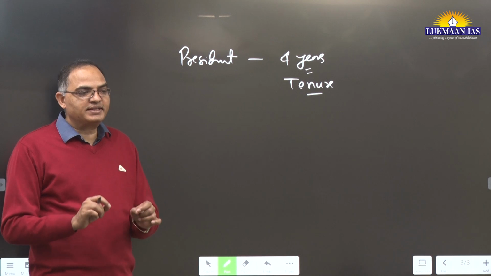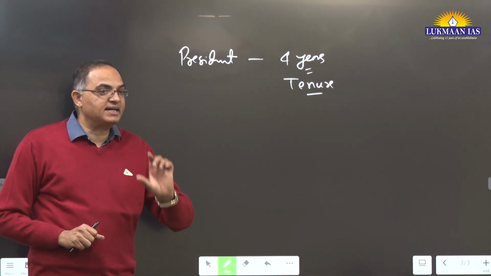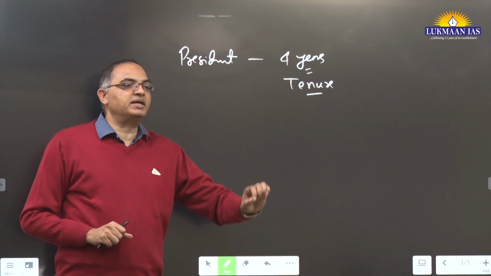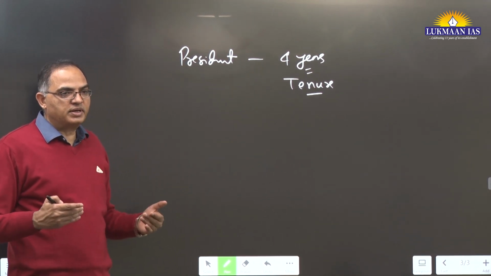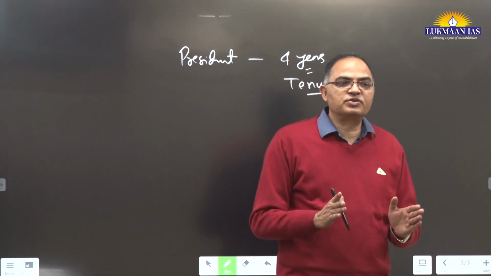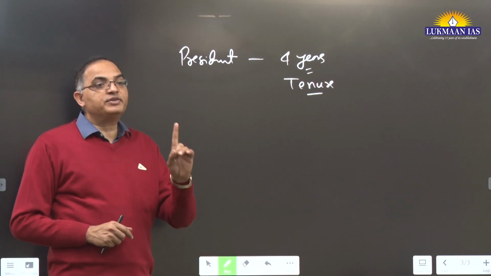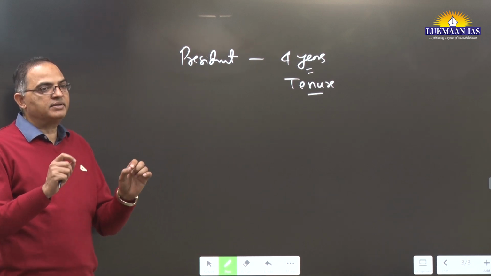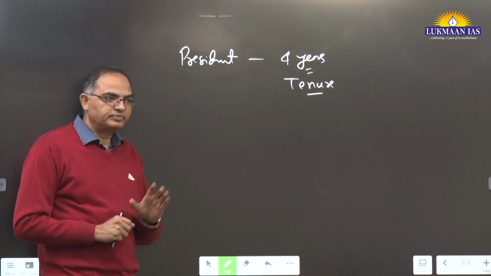But the presidential system has stable tenure because the president is directly elected by the people for a fixed tenure, like 4 years in the US. And unless there is any serious breach of conduct by the president, he will complete his 4 year tenure. Stable tenure is a major feature. That day we told you that it is a major feature of the presidential system.